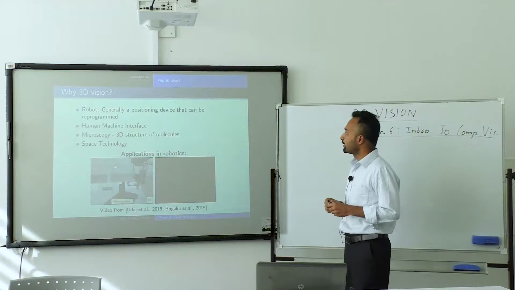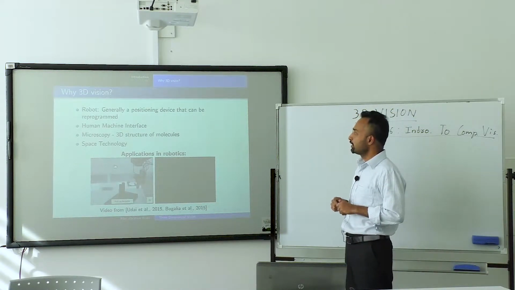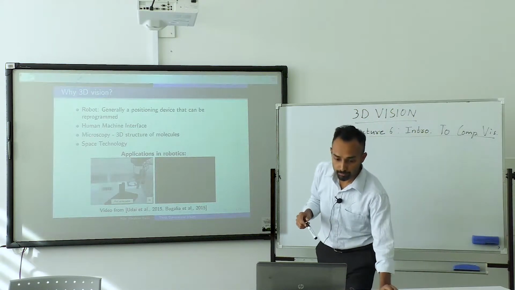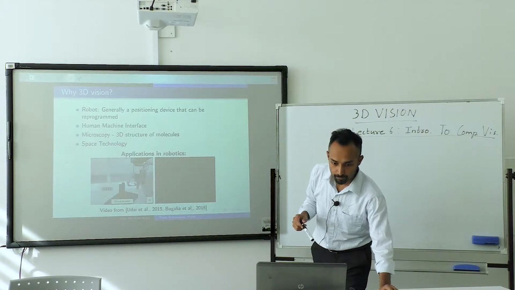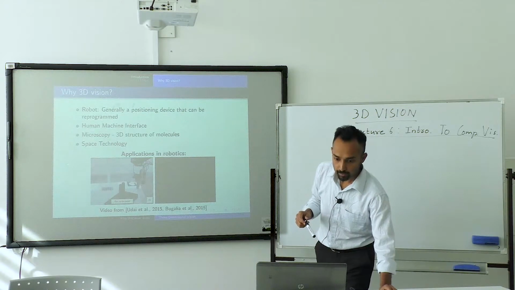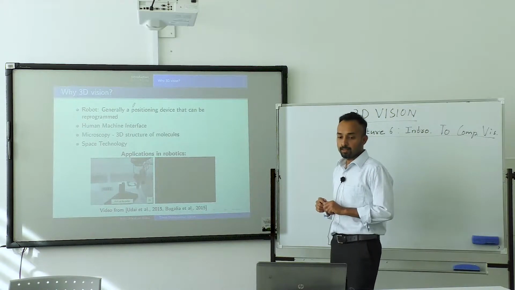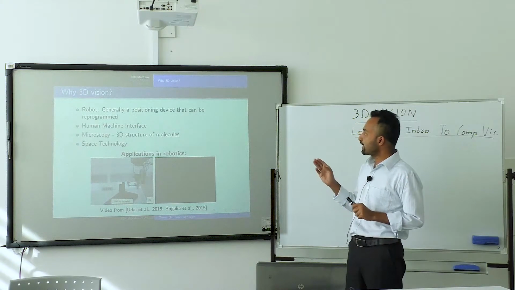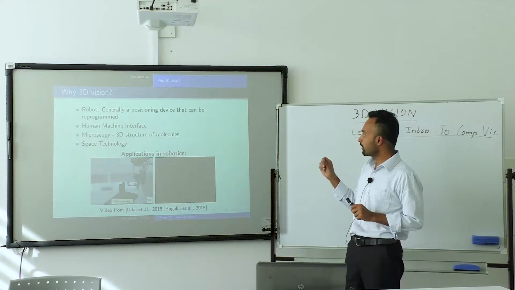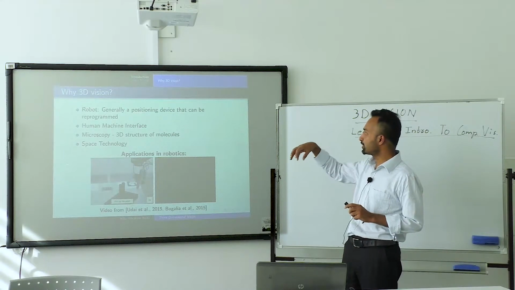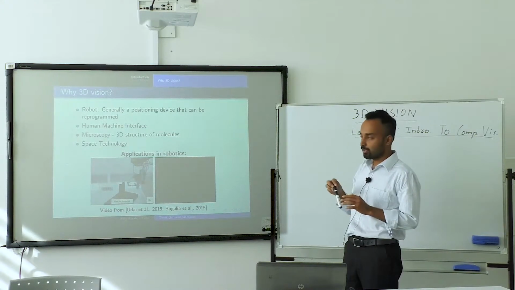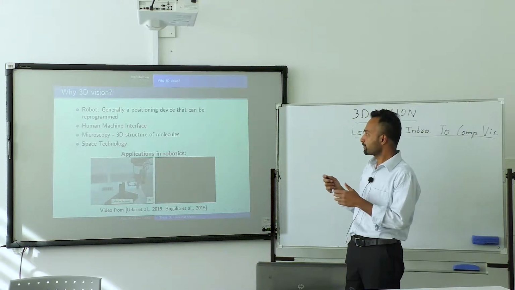So why 3D vision? Robot is generally considered as a positioning device. So the end effector is positioned with respect to a particular coordinate system.